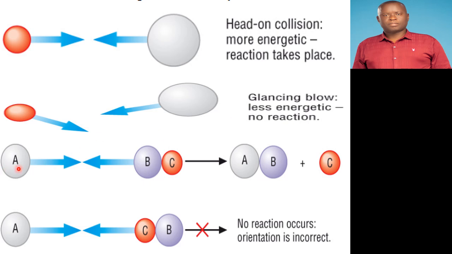But also the particles must hit the reacting sites, must hit each other in the right orientation. Then a successful chemical reaction is going to occur. But if they don't hit each other in the correct order, then no reaction is assured.